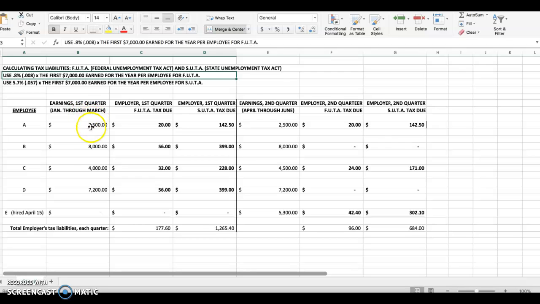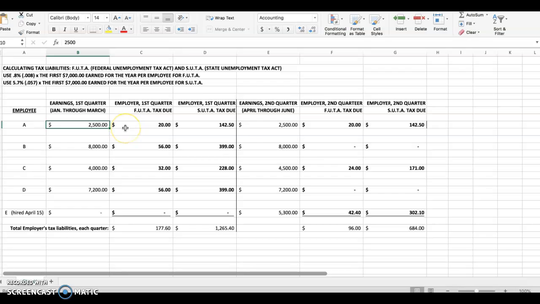So we first of all look at how much he made. He made $2,500, well below $7,000. So to figure the unemployment tax for the federal amount, you see here there's a formula that gives us $20. If you look at the top in the formula line of the Excel spreadsheet, there's a formula that will figure this out.